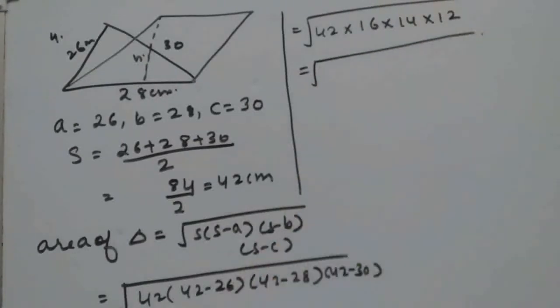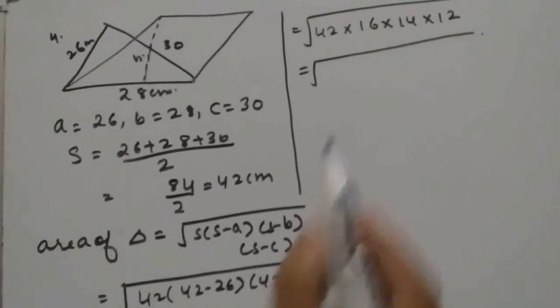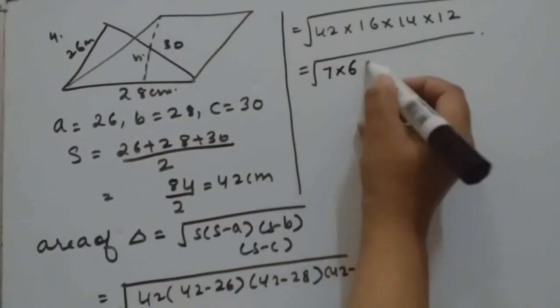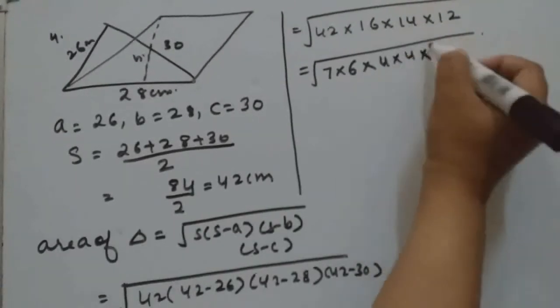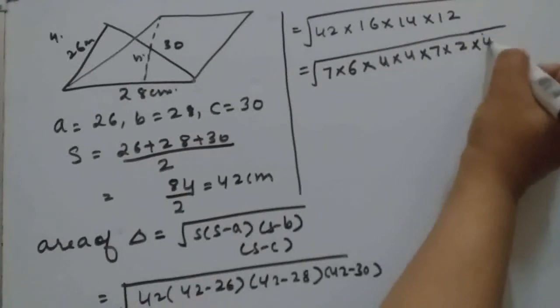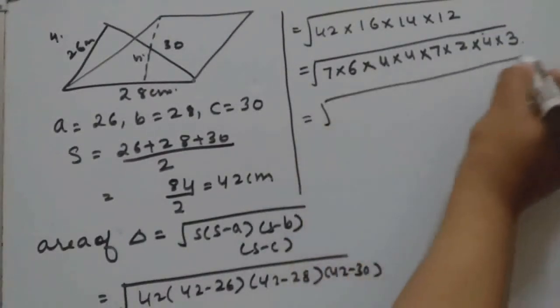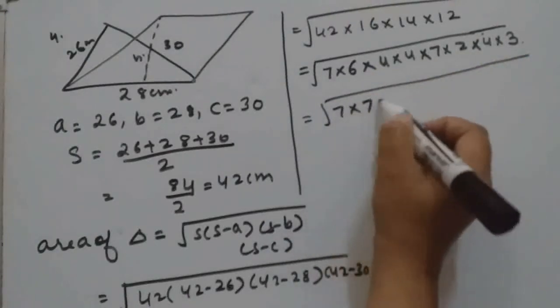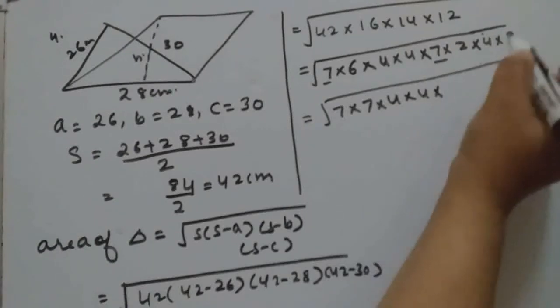So what we can do here? We should find numbers in pairs. So 42 we can write 7 into 6. This 16, 4 into 4. This 14, 7 into 2. And 12 means 4 into 3. Okay, so see the number which has pair, 7 we can write here. This 7 pair, 4 into 4 we can write.